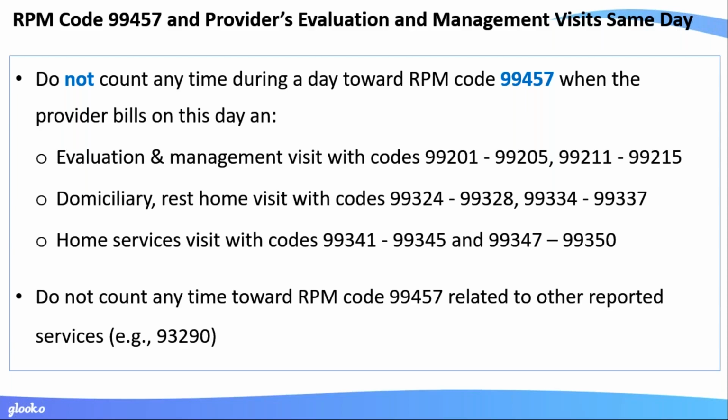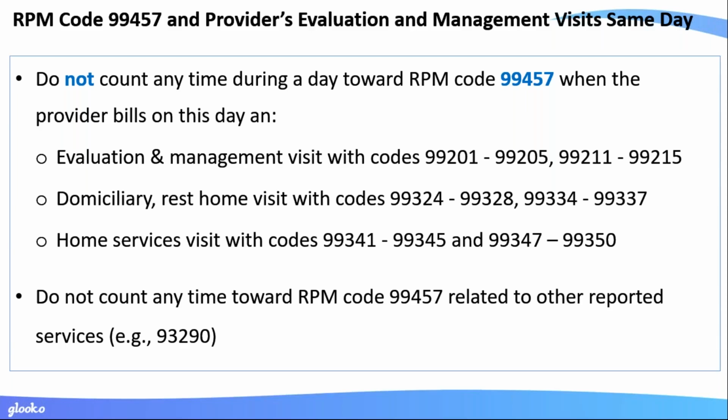So translation, Dr. Miller does an E&M, evaluation and management visit, live in person on April 3rd with Martha. And he spends however much time to bill one of those levels of codes. You cannot then also count that time toward 99457.